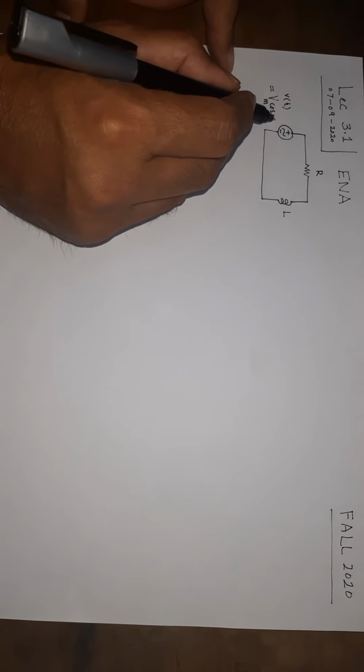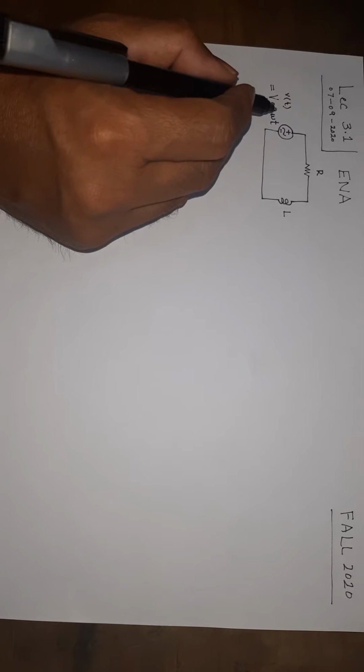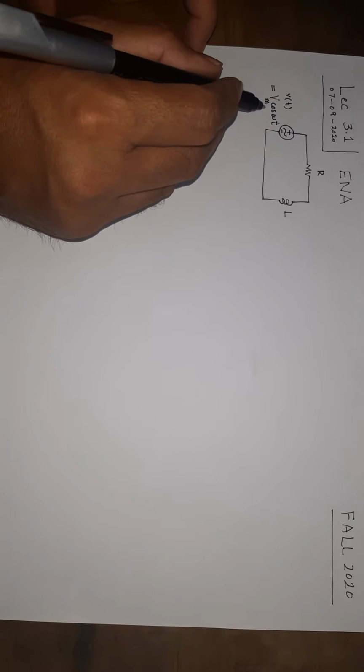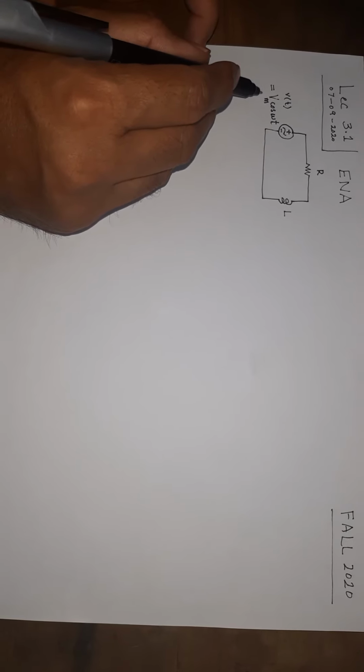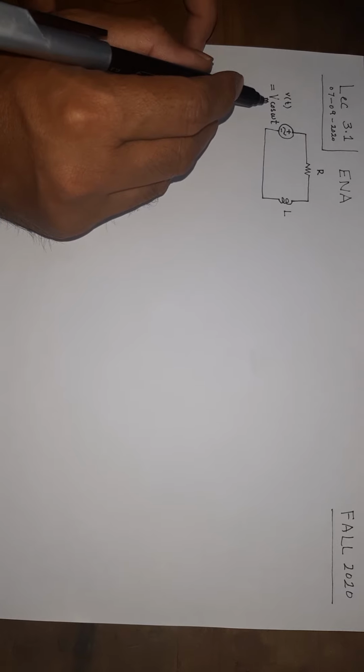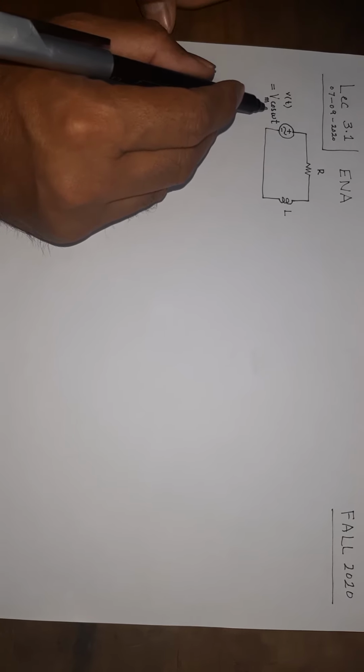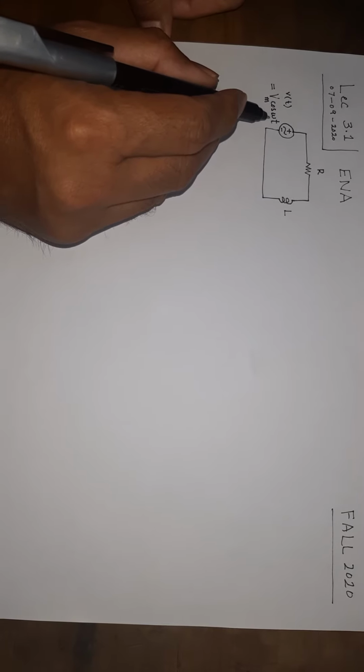And an omega here. We will soon, inshallah, learn that this omega represents the radian frequency. And note that we are not basically using UT here. Why?